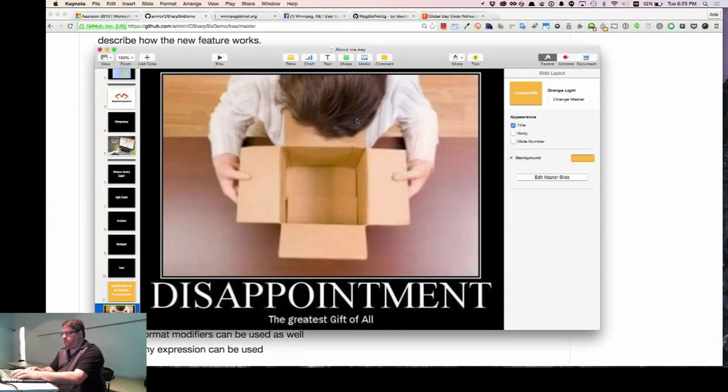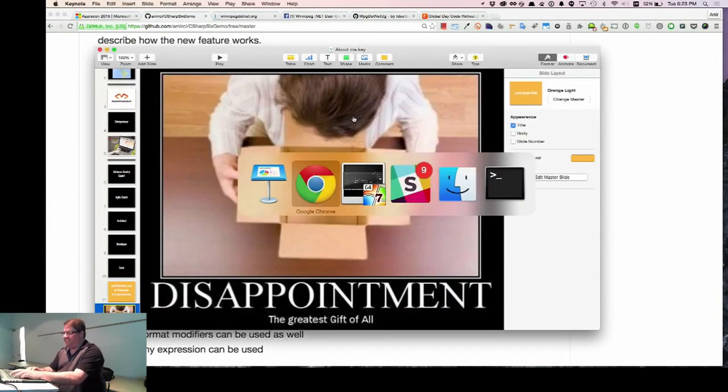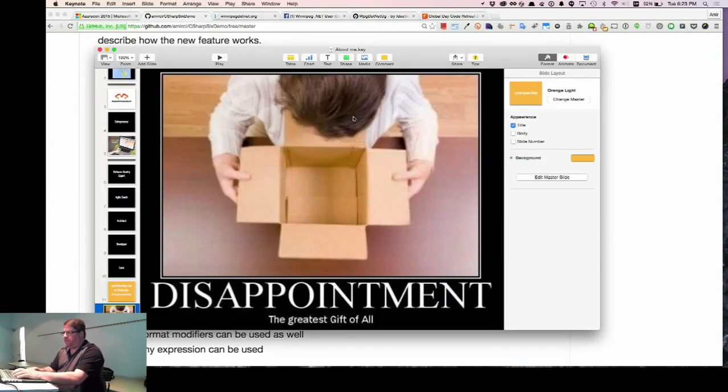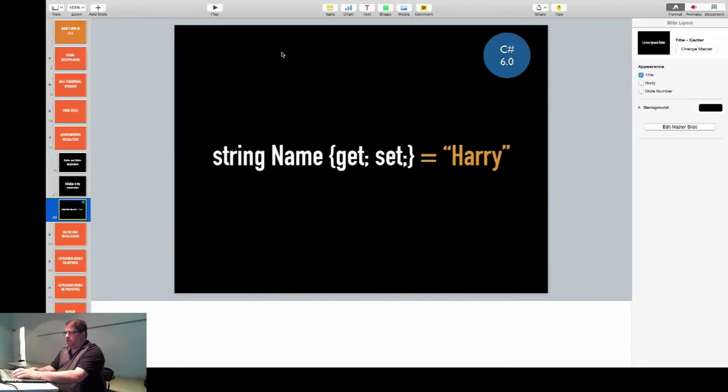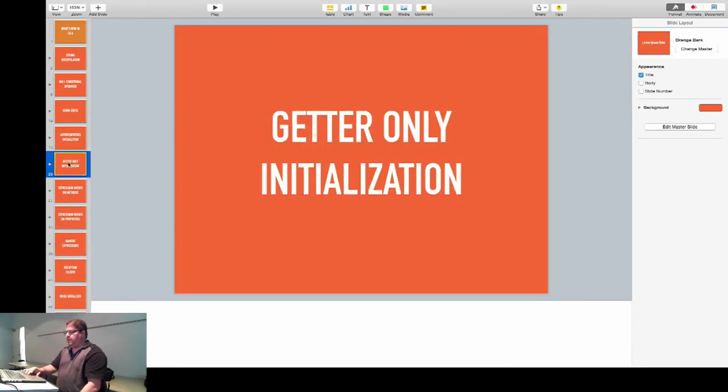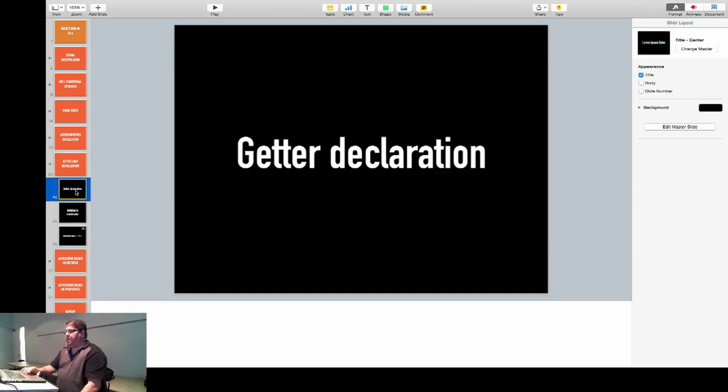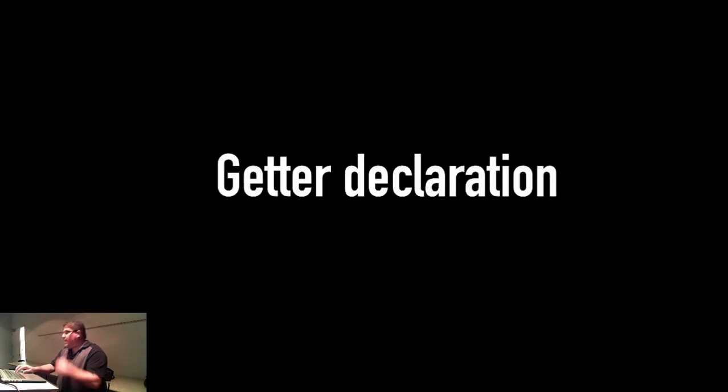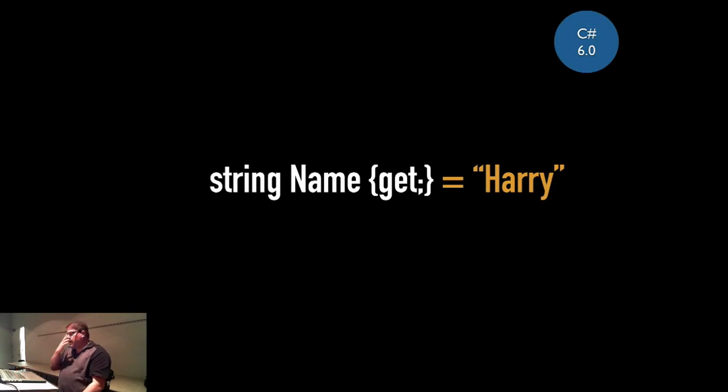So we did getters and setters, but we also have getter-only initialization. Again, we have the getter declaration that we would have to initialize in a constructor, so we have a shorthand to do it.